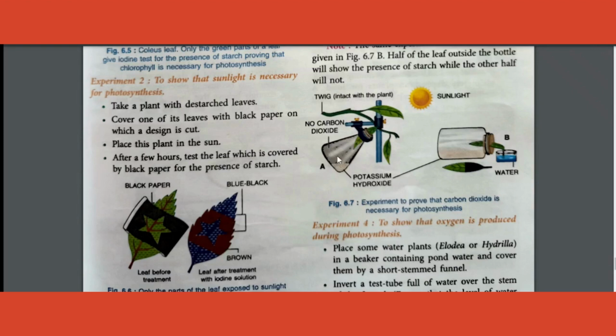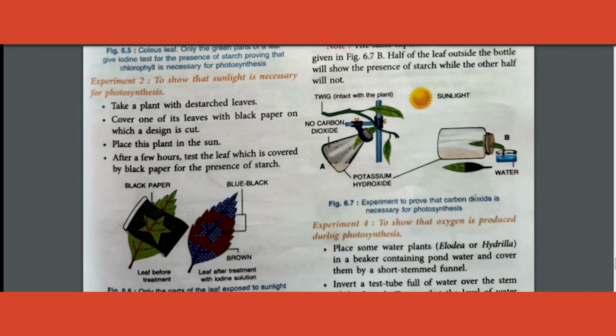Now the rest of the leaf is outside, which is getting carbon dioxide. Now the entire setup is kept in sunlight. So the plant is having enough sunlight, but one part of the leaf which is inserted inside the conical flask will not get any carbon dioxide, as this carbon dioxide is already absorbed by potassium hydroxide, the chemical.